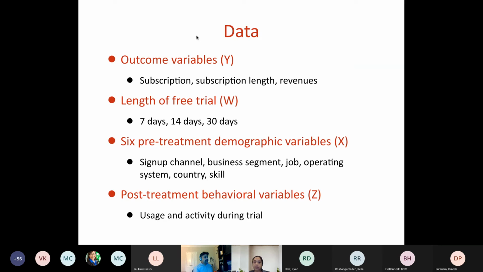We see 6 pre-treatment demographic variables: the sign-up channel, which means whether you came through some kind of an app or website and so on; the business segment, job, the operating system, country, and skill, which is a self-reported variable as to whether you're a beginner, whether you have more expertise, and so on. And we also see, as I mentioned earlier, post-treatment behavioral variables, which is usage and activity during the trial period.